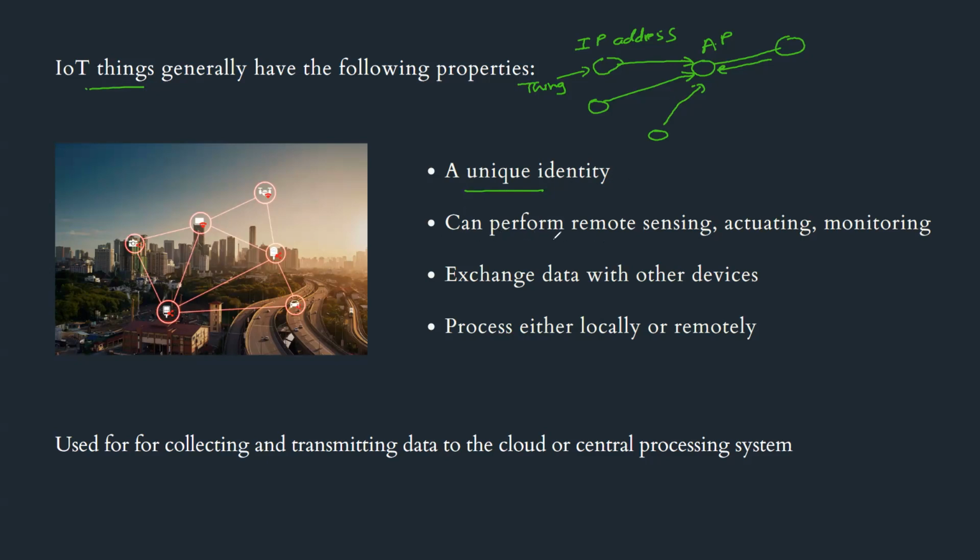And we can have remote sensing at the thing, right? At the thing, we can have sensor measurements, actuating, and monitoring done. Actuating means that there are some motors and valves and some kind of mechanical process going on at the thing, at the edge of the device, at the edge of the network, that can be automated using our IoT network, right?